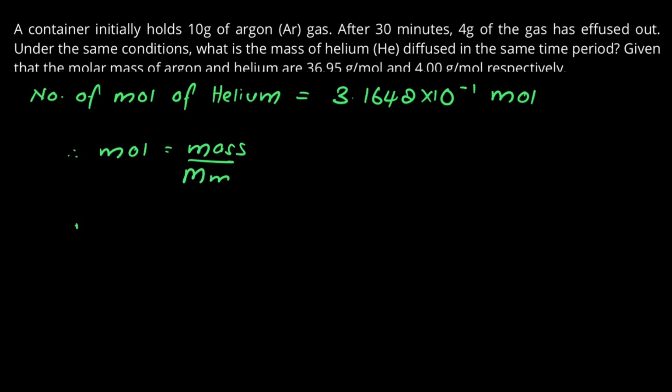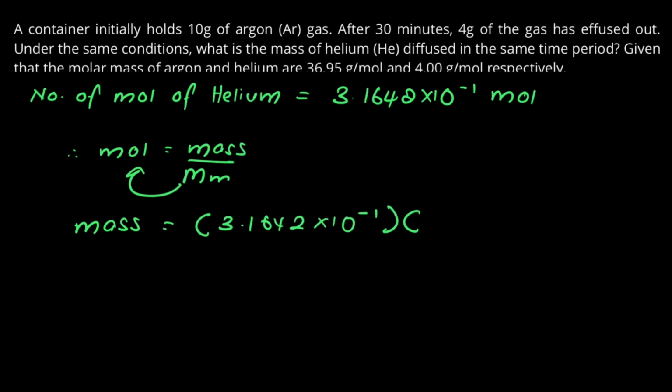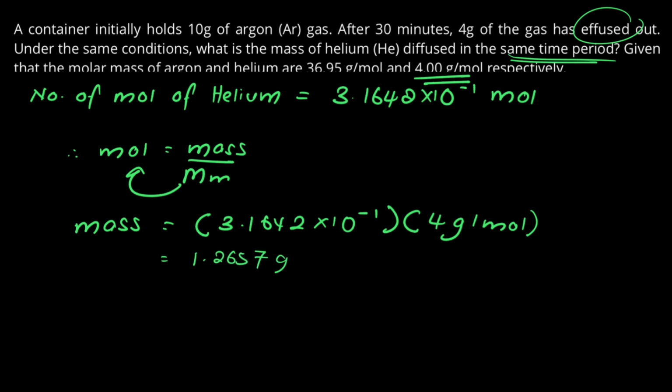We can calculate the mass as the number of moles, 3.1642 times 10 to the power of negative 1, times the molar mass of helium. Given that the molar mass of helium is 4 grams per mole, you should get the mass of helium that shall be effused out in the same period of time equivalent to 1.2657 grams. So this is the final answer for this question.